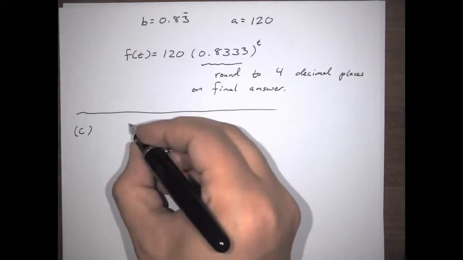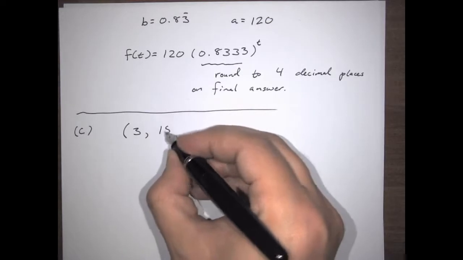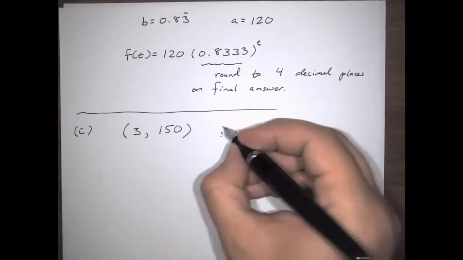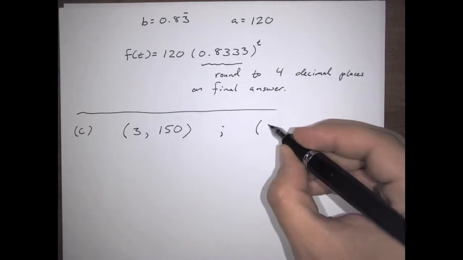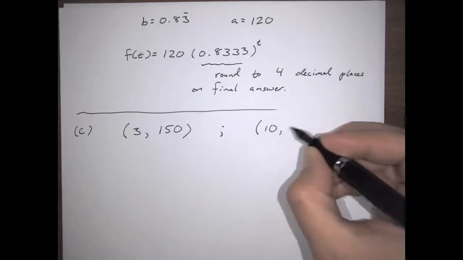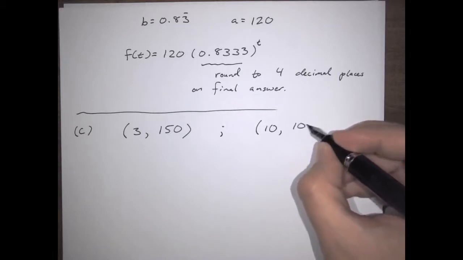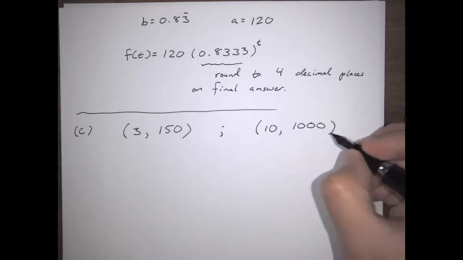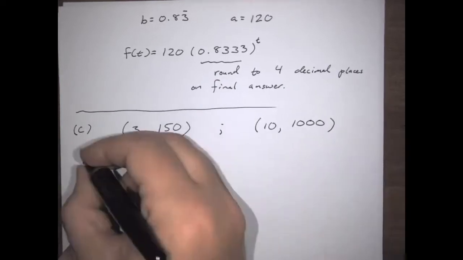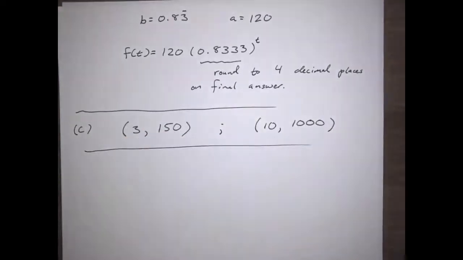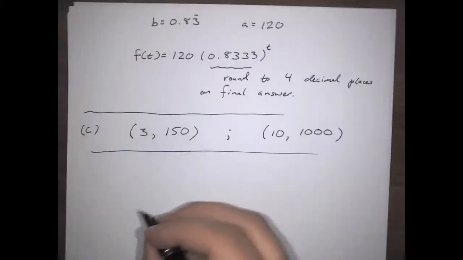We could have something like 3, 150 as one point, and then as a second point, 10, 1000. Nothing convenient here as far as being given an A or anything like that.